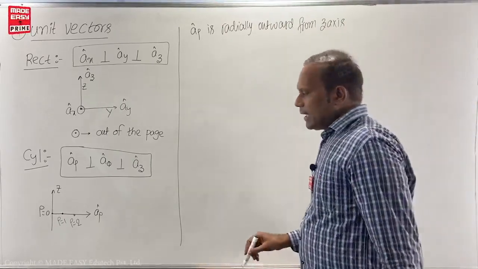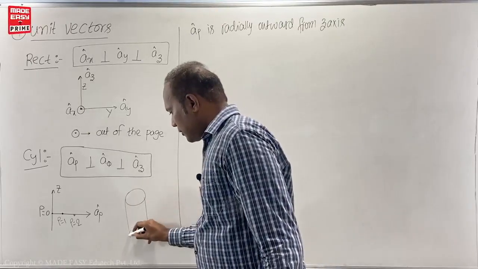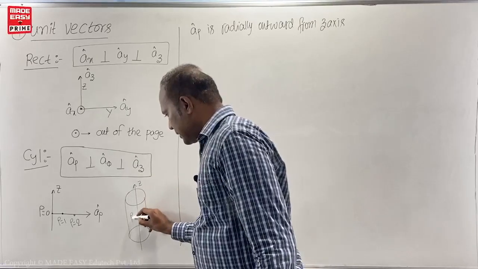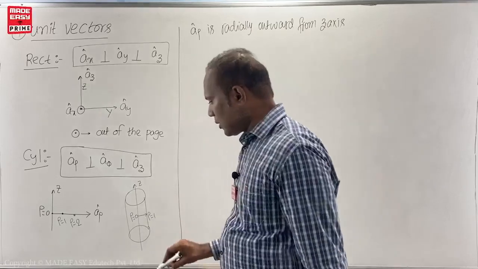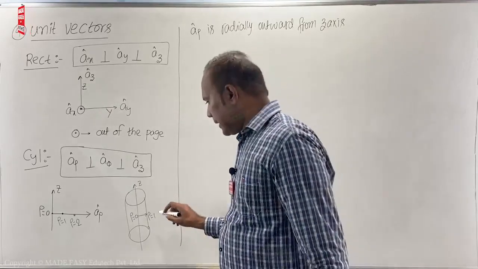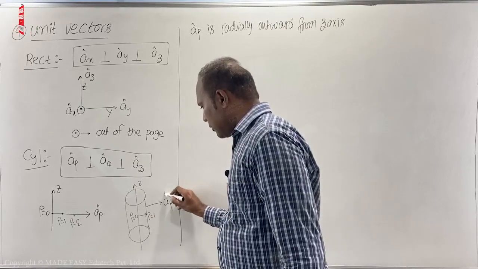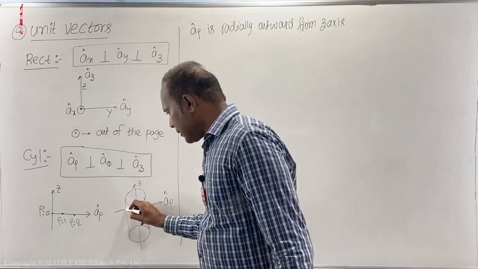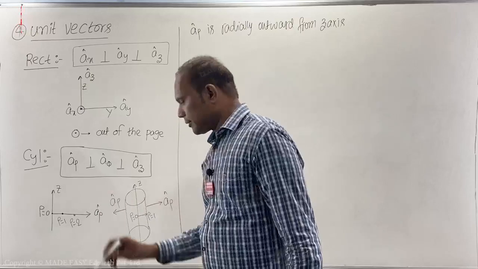Even if you take a cylinder here, this is z-axis and this is radius 0. For example, you have taken rho is equal to 1 meter cylinder, then in this direction you have a rho cap, because you go away from the cylinder, radius increases. Like this also, you go away from the cylinder, radius increases, like this also.